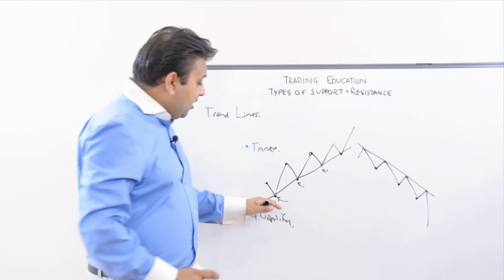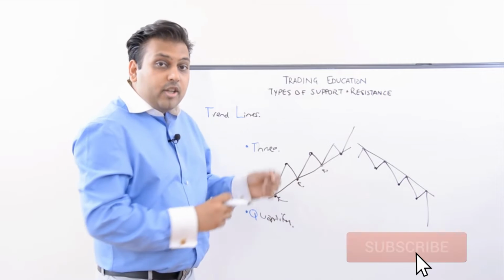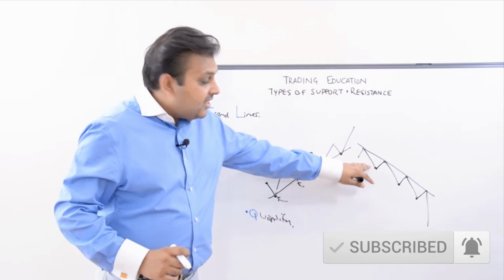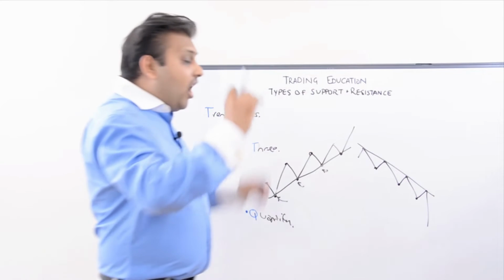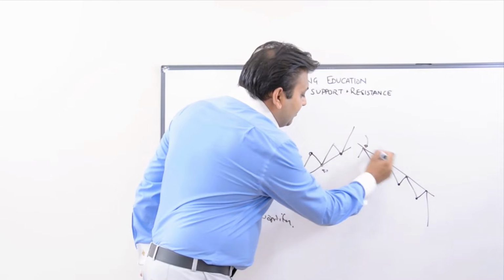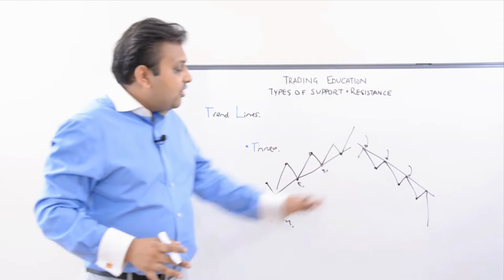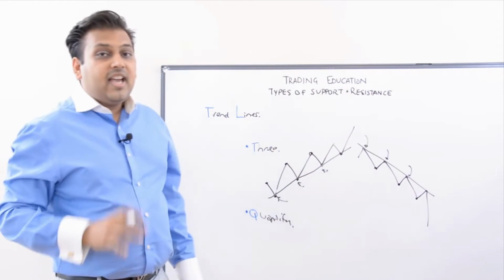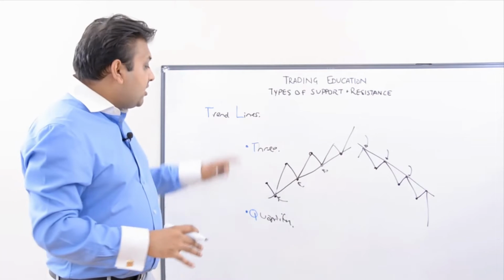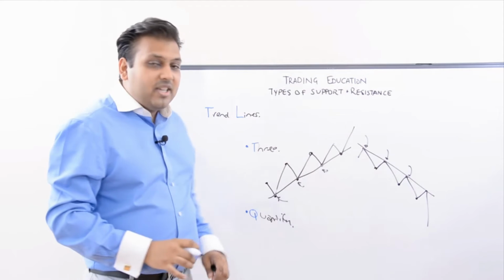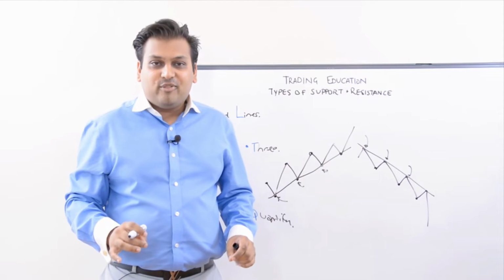So you can see here are my 3 points where I join together, continue to act as support, and in this particular example, I expect at least 3 touches on the line of resistance for that to then continue acting as resistance. So to summarize, at least 3 touches, and you must quantify your swings. I cannot overemphasize that enough.